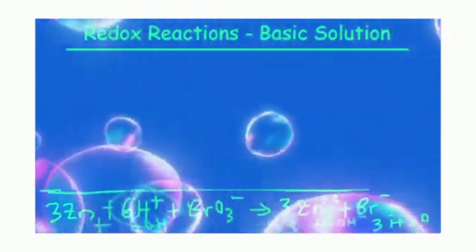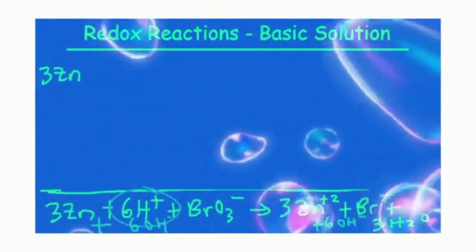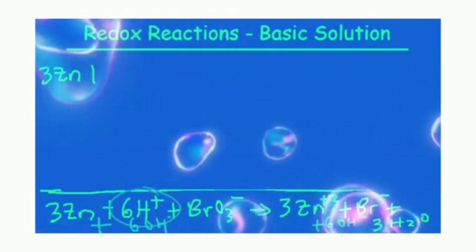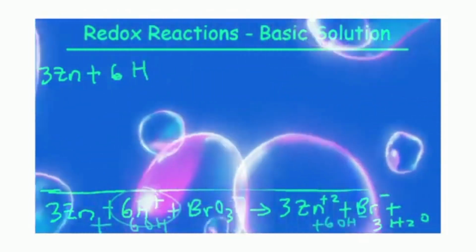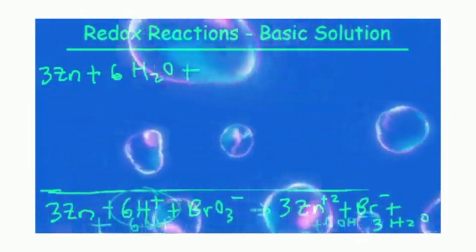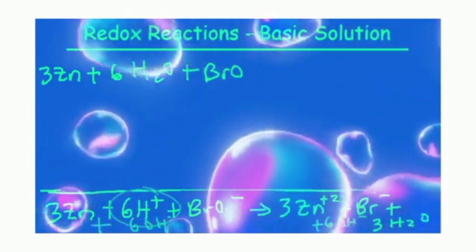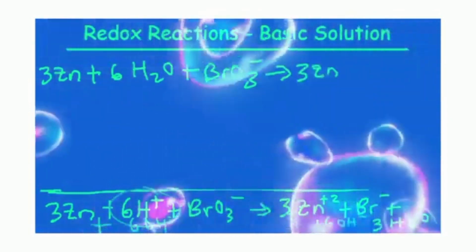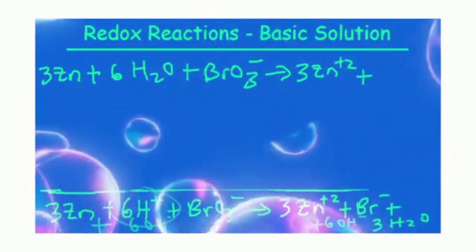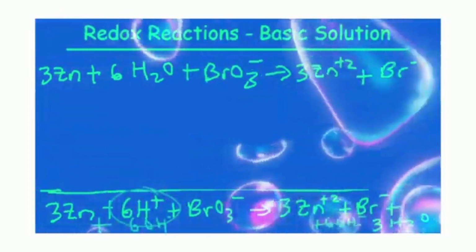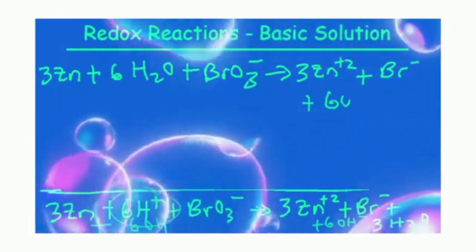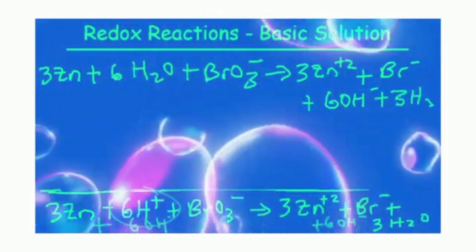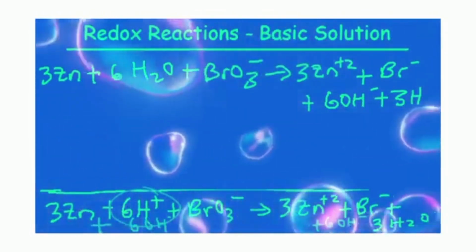On the left, we're going to have 3 zinc atoms. Now 6H plus 6 hydroxide ions is equal to 6 water molecules. And then we're going to have 1 bromate ion, and on the right it's still going to be 3Zn2 plus, Br minus, but we're also going to have 6 hydroxide ions and 3 H2O molecules.